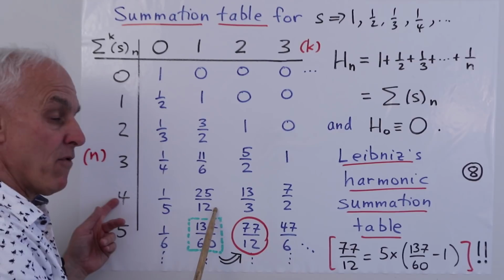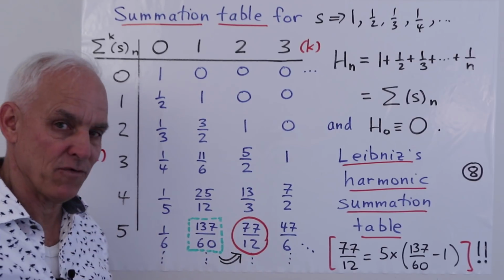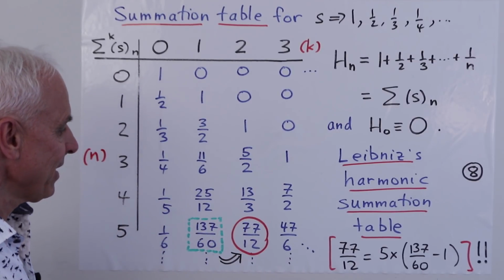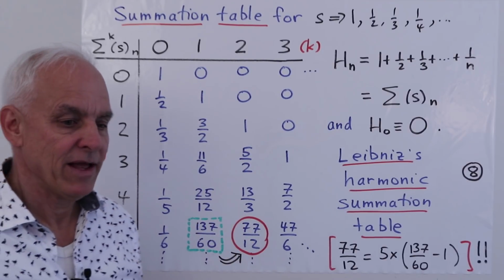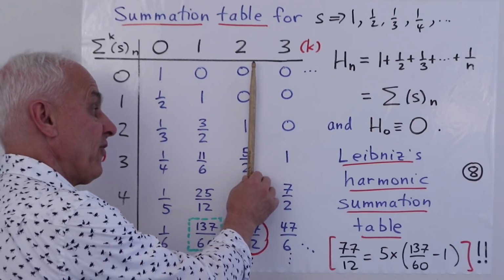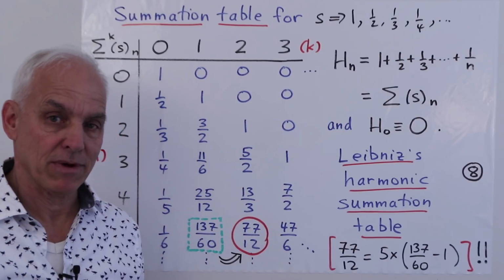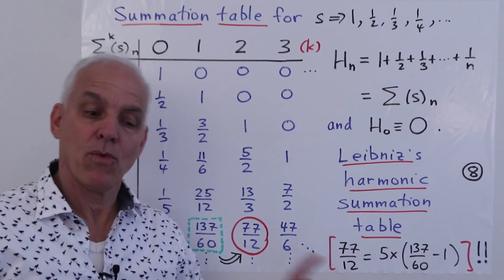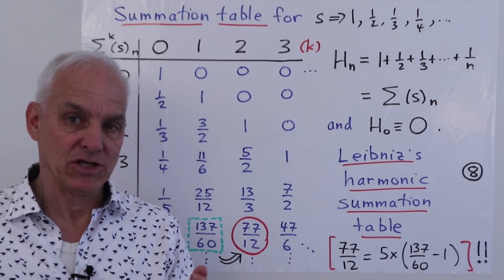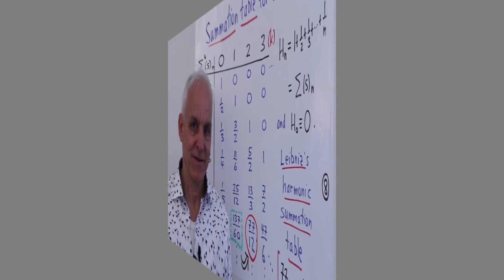We multiply by 4. Yes, indeed, we get 13 over 3. So this is a very pleasant aspect, suggesting at least that we can get this second column of the summation table relatively simply once we establish this kind of formula, which we can do through summation by parts.